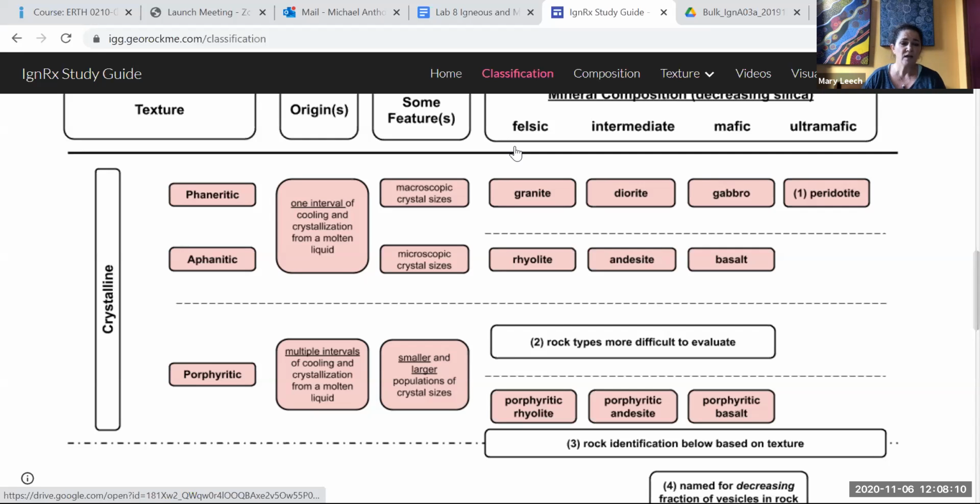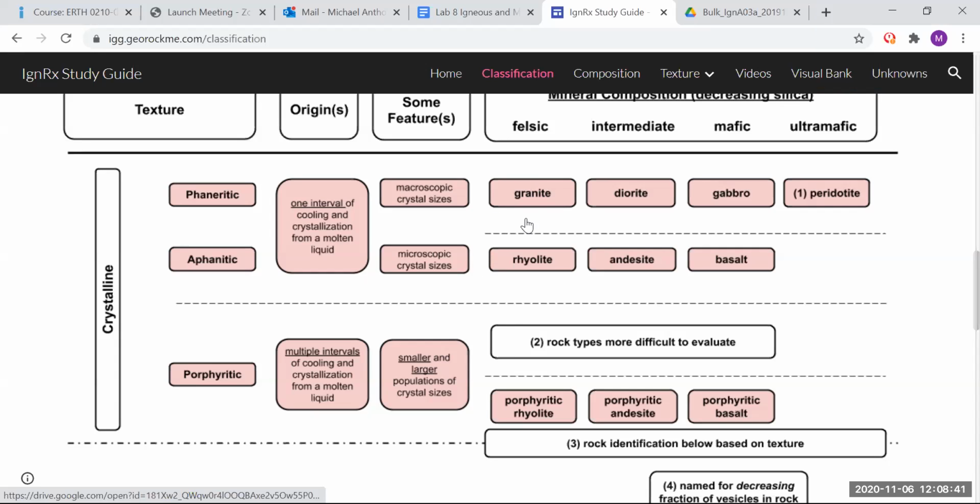But if you've got fine grain rock that's either aphanitic or porphyritic, like porphyritic has a fine grain matrix with big crystals in it, and aphanitic is just all fine grained. So then you go down that row, and if it's aphanitic, like number 2, then you would use the color index or any indication of its composition to name the rock. So number 2 is aphanitic and it's light colored.